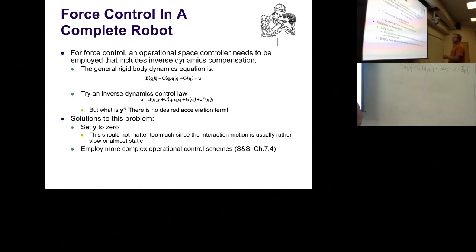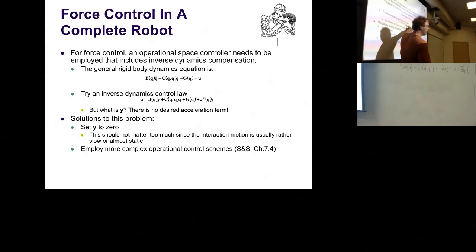Cool. And if you want to create a control law now, fine, you can do an inverse dynamics control law. U equals B of q times some y, and this y is called some reference acceleration term in the book most of the time. You can instantiate that, but let's ignore it for a moment.